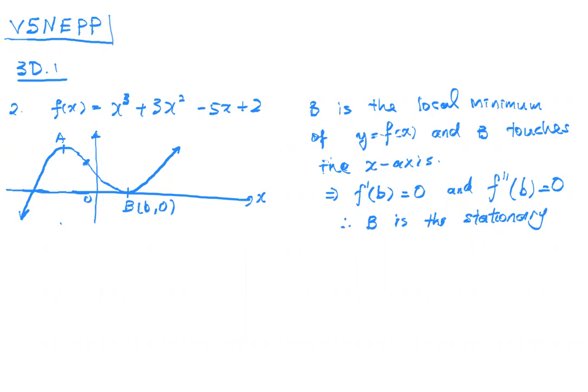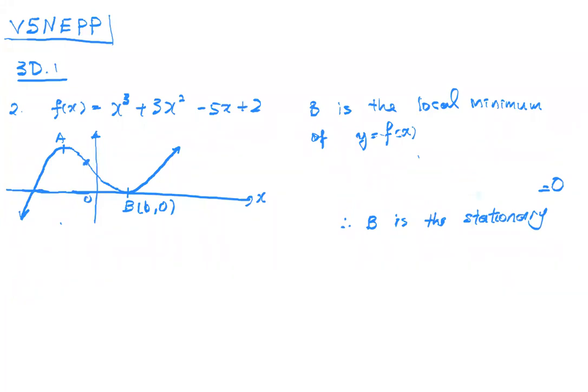Okay, so you have to erase this. So B is the local minimum of y equal to f(x). It doesn't look like touching, is it? So I have to erase this, and this too. So it's just B is the local minimum.